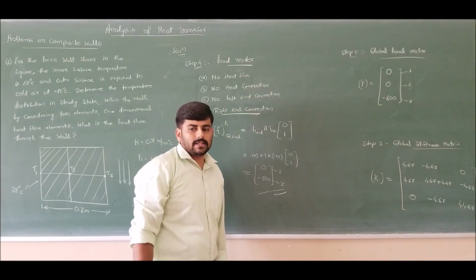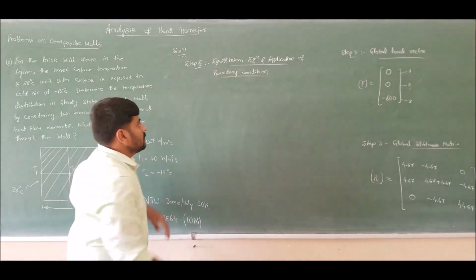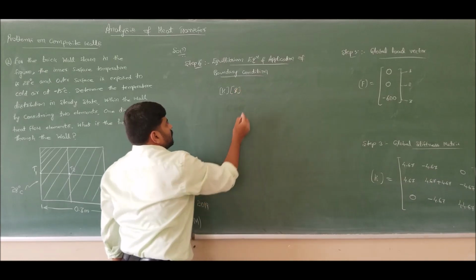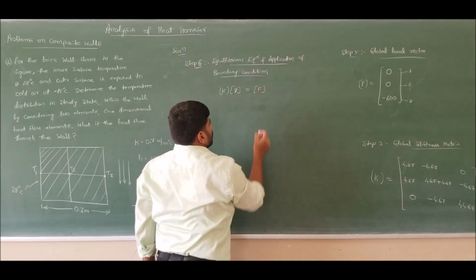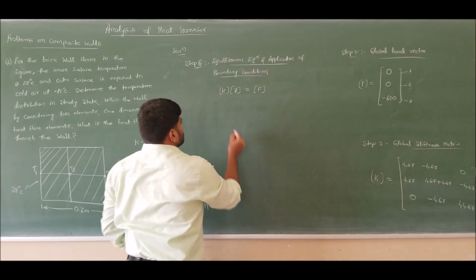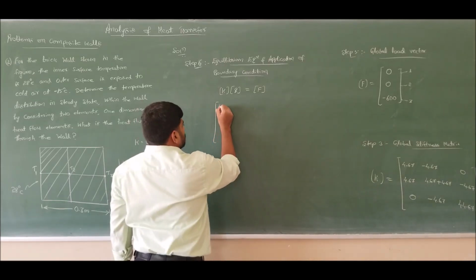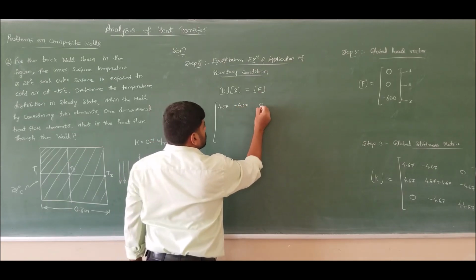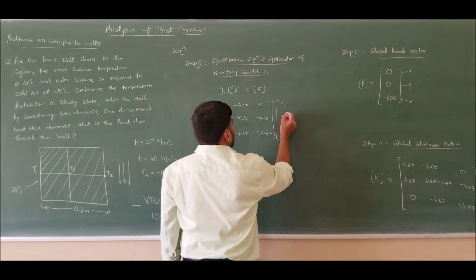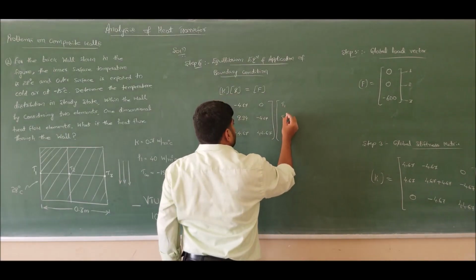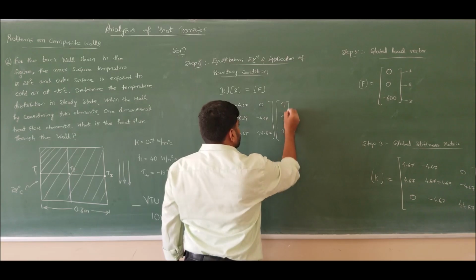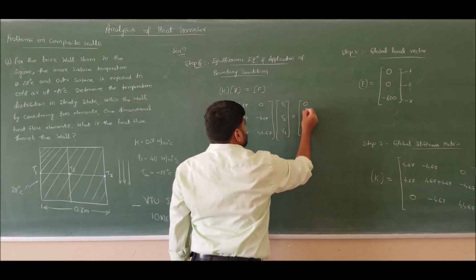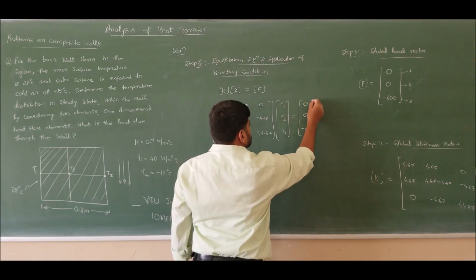If I do that, the equilibrium equation is given by global stiffness matrix times nodal variable vector equal to the load F. The global stiffness matrix is known to us, which we have already calculated, which is 4.67, minus 4.67, 0, and the nodal variables are T1, T2, T3, which we should compute for this problem, whereas the global load vector is 0, 0, minus 600.